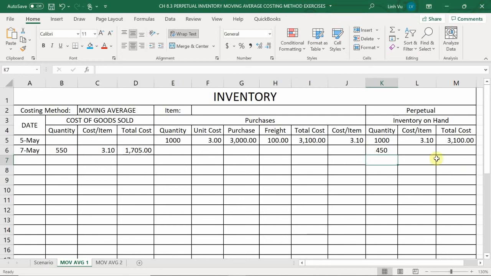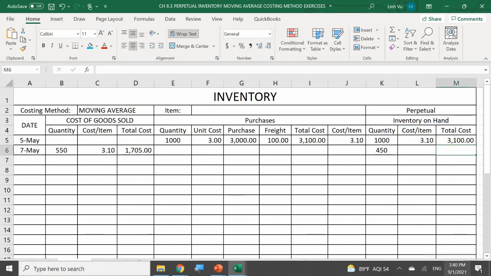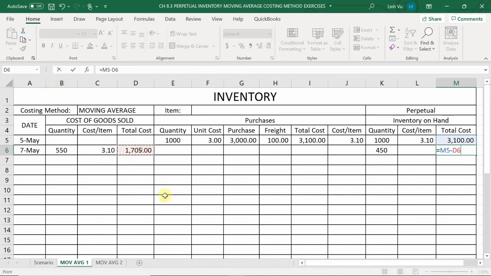I'm also going to do that to my total cost as well. I started out with $3,100 and then I end up selling $1,705. So then that's going to leave me with $1,395. Okay?